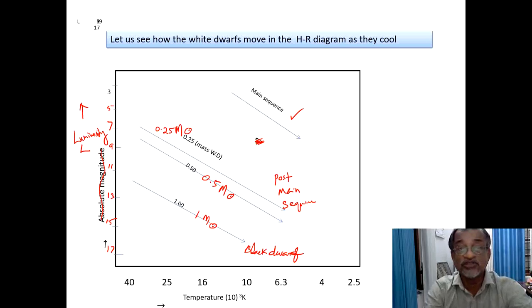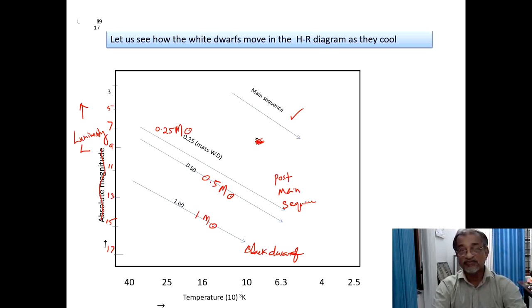Let us see how the white dwarfs move in the HR diagram as they cool. Here on the x-axis, temperature is written in decreasing order: 40, 25 into 10 cube Kelvin, then 16, 10, in decreasing order. And on the y-axis we have written luminosity L, also in decreasing order.